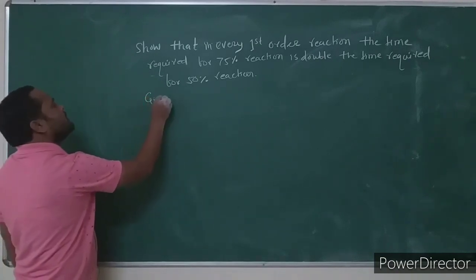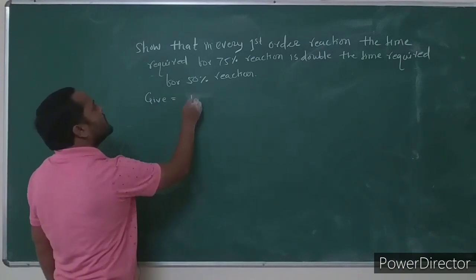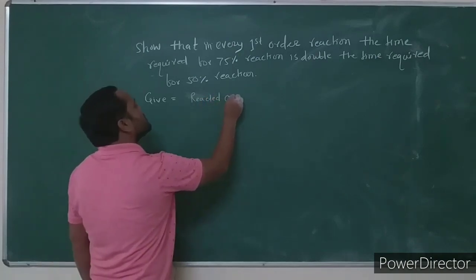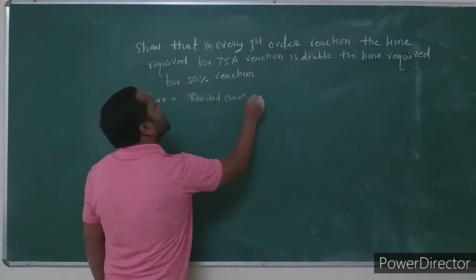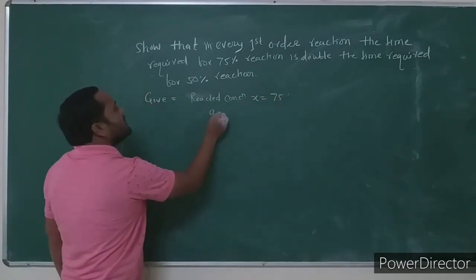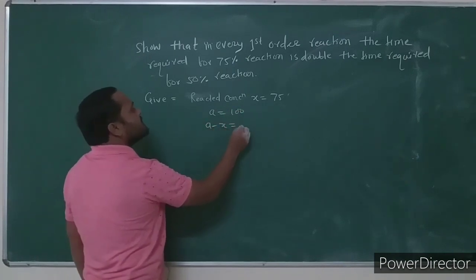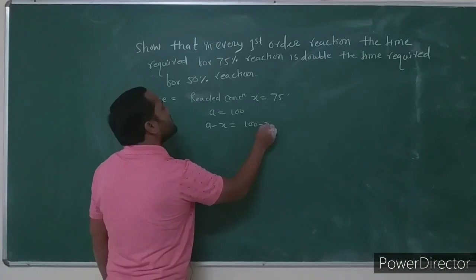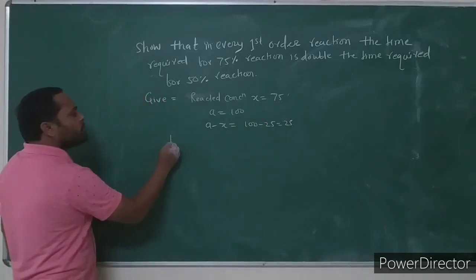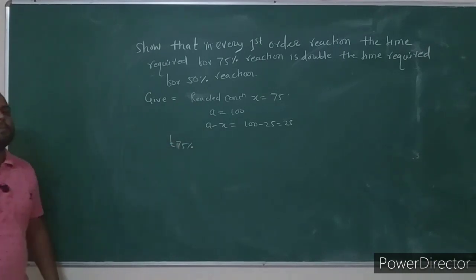Consider the given X is the reactant concentration. X is equal to 75%, then A is 100, A minus X is 100 minus 75, which is equal to 25. Then we can determine the time required for 75% completion of reaction.